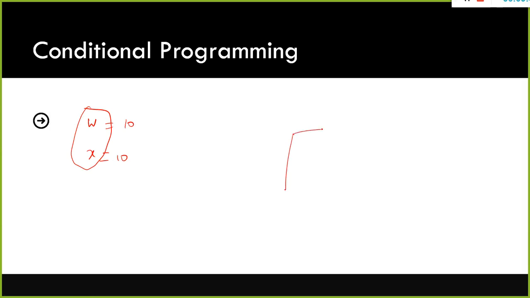Just assume it is like boxes. In C and other older languages, the value for w will be stored in one cell of the memory, and the value for x is stored in another part of your memory. So in one box it stores 10 for w, and in another box it stores 10 for x.